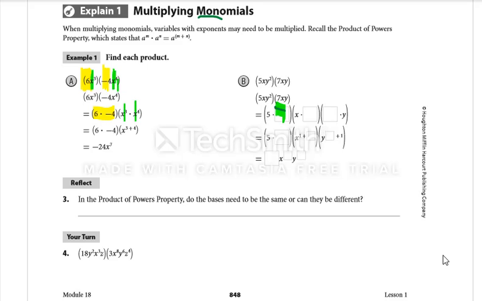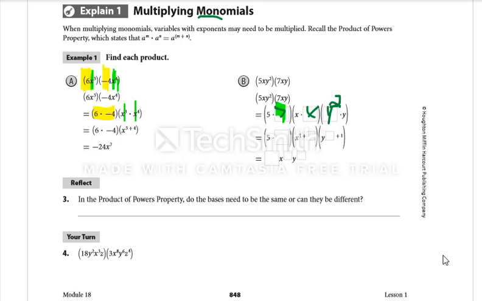So we'll put the 7 in here. And then we'll group the x's together. We have x times x. And we have a y squared and a y, so we'll group those things together. If you group them by their like bases, it can help you to simplify them a little bit.